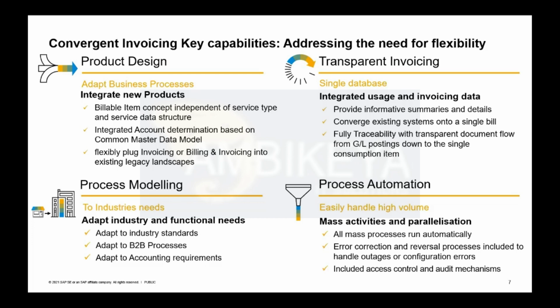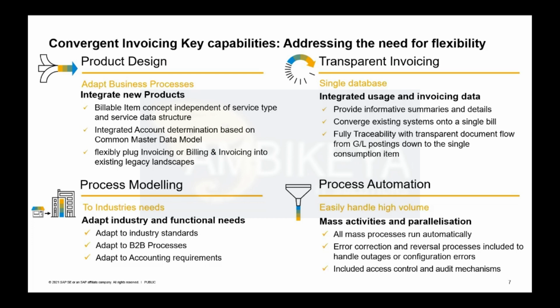We have full traceability with transparent document flow from general ledger postings down to the single consumption items, which is very helpful. We are able to adapt to different industries, because we are able to create industry-specific fields, and we are able to adapt to B2B processes as well, and to accounting requirements.